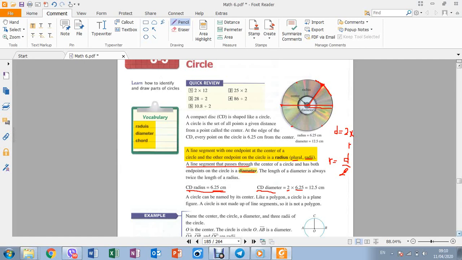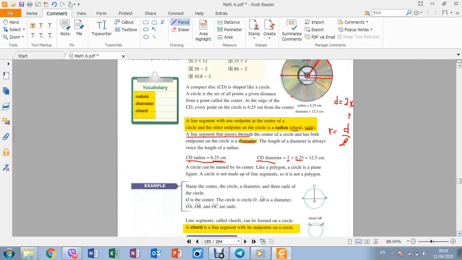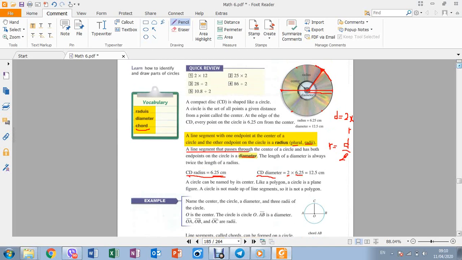Okay. The third one is the chord. Look, there is a chord. It's a line segment that has two endpoints on the edge of the circle, but it does not pass through the center. So it's like a diameter, but why do we call this a chord? Because it does not pass through the center.